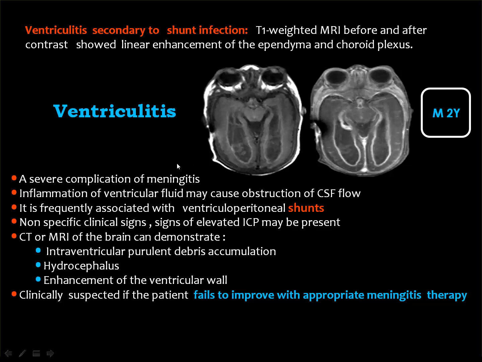Many years ago, they suspected that ventriculitis was a complication of shunt tubes. But now, ventriculitis can be seen in patients with brain abscess, in patients with meningitis, and can be seen per se without any predisposing factor, like in patients with infection in the spine or injection through the lumbar puncture that may not be that sterile.